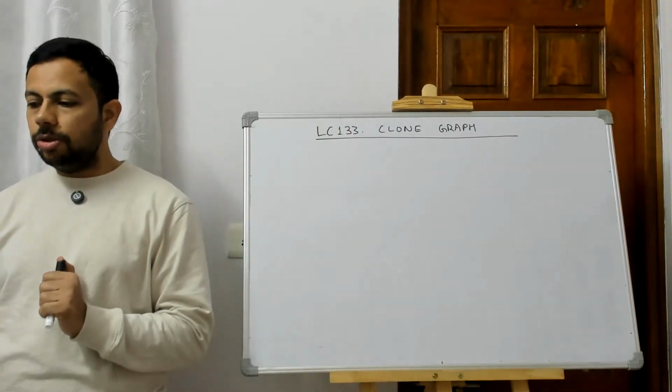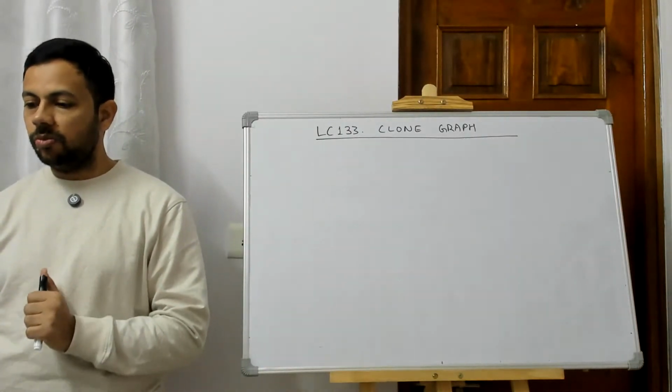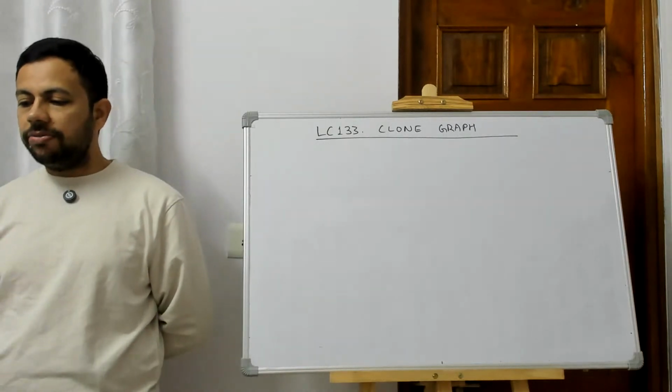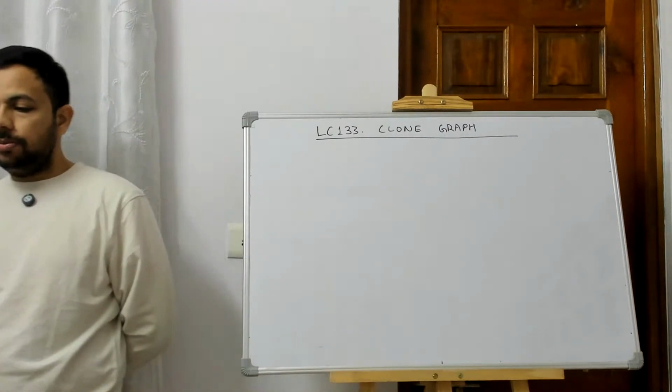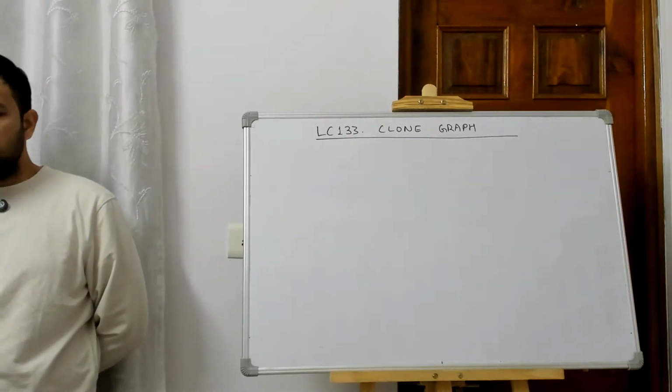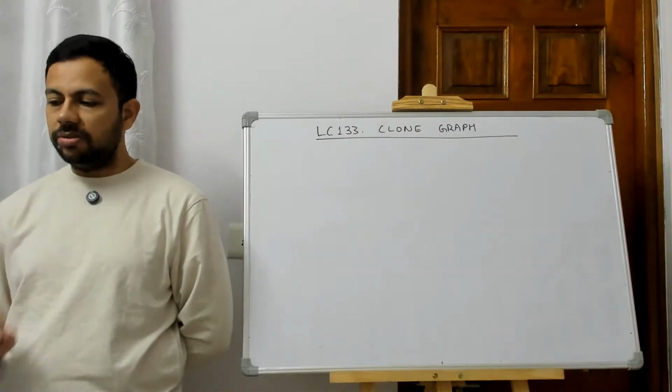Given a reference of a node in a connected undirected graph, return a deep copy, a clone of the graph.